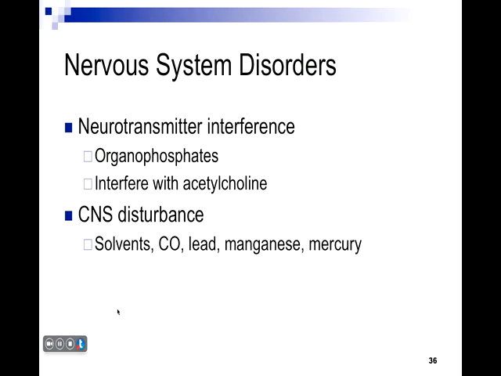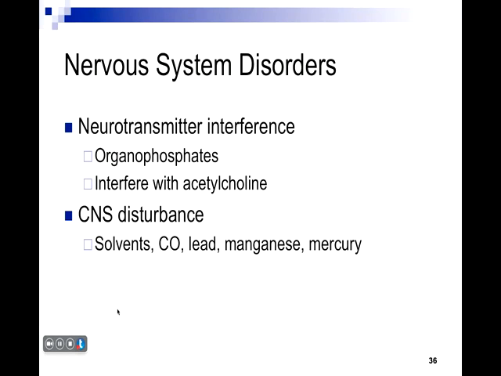The organophosphates, which are pretty commonly used in pesticides, also interfere with neurotransmitters. They interfere with the space between one nerve and the next, where chemical transmission is sent on to the next nerve to tell your muscles or your glands to do something. And as an extreme example of this, a lot of your organophosphates are used in nerve agents.